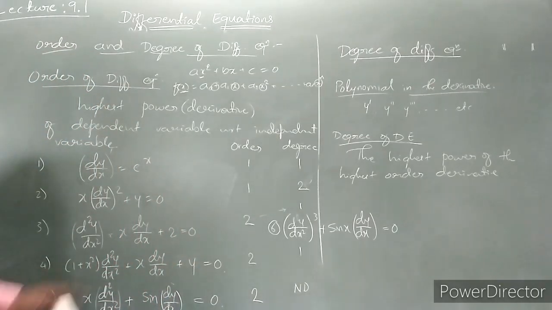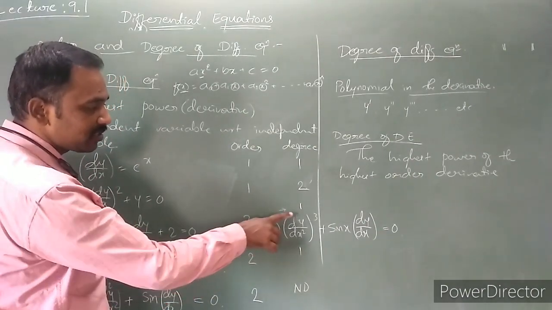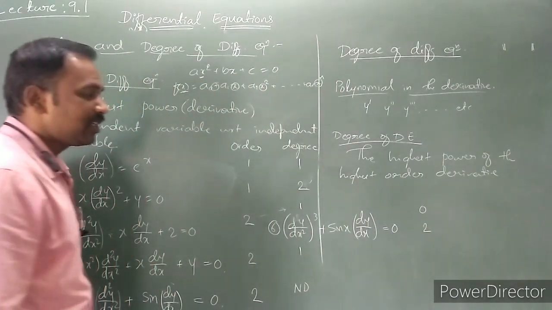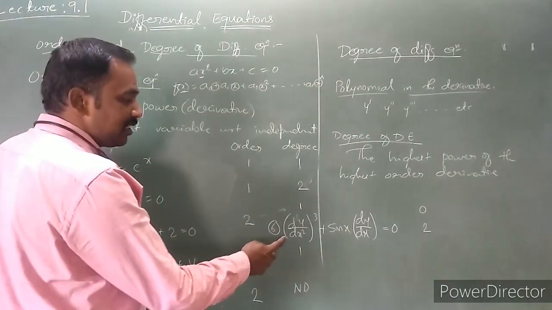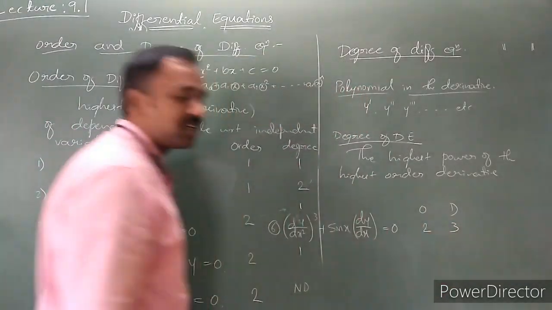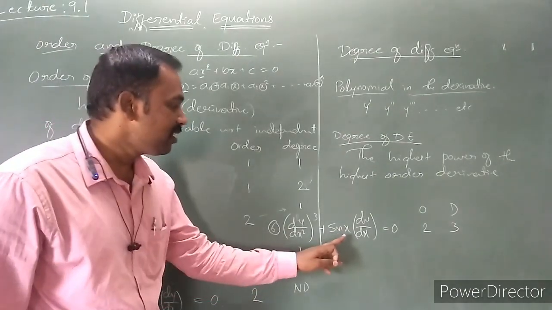Order means the highest derivative of the dependent variable with respect to the independent variable. Maximum result of the differentiation, 2 times. So the order is 2. What is the degree? Highest derivative power. Degree is 3. Degree is 3 or degree is not defined? Degree is 3. Why is the degree 3?